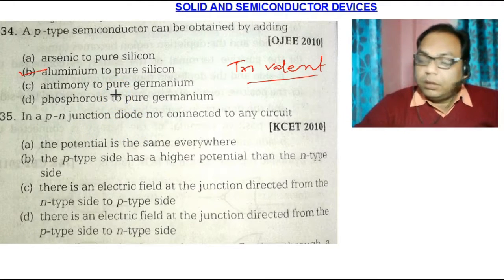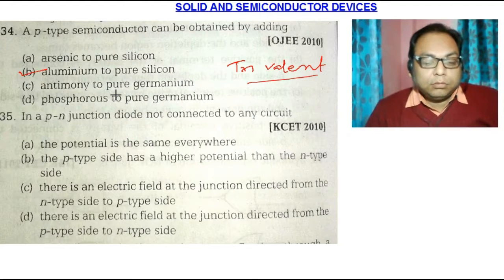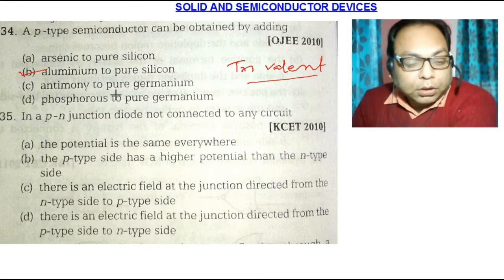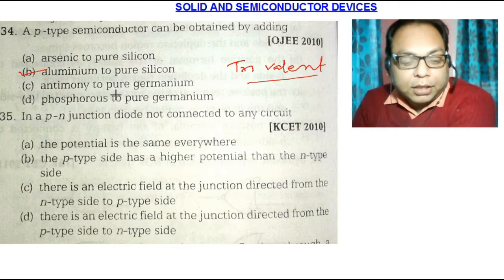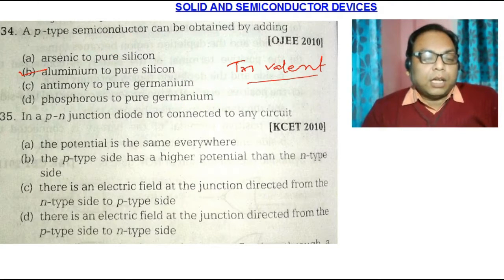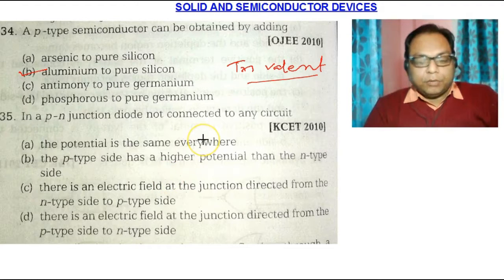What exactly does it mean? The options: the potential is the same everywhere; the p-type side has higher potential than the n-type side; there is an electric field at the junction directed from the n-type side to the p-type side; there is an electric field at the junction directed from the p-type side to the n-type side. So if we are not biasing a PN junction, we are not connecting it to any circuit.